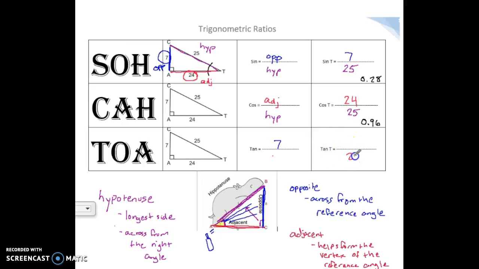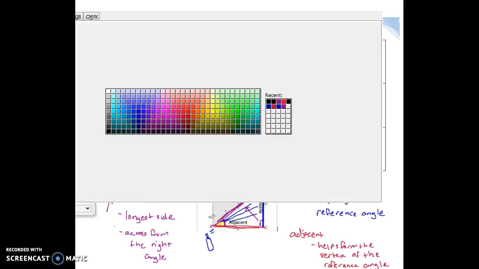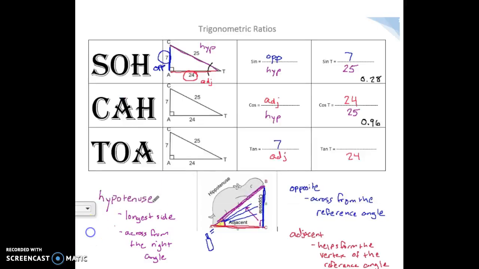So this is 24. This should say adjacent. All right, let me go back and grab my blue and fix that. This should say opposite here. Looks like I'm going to have to do a little erasing, doesn't it? All right, so opposite is here, and we said that was 7.